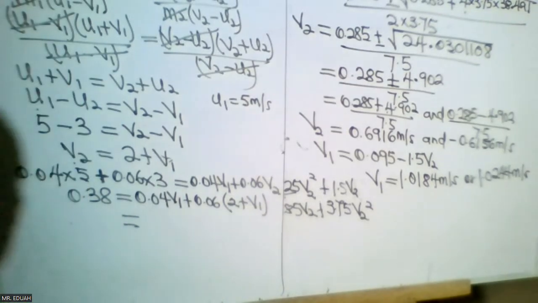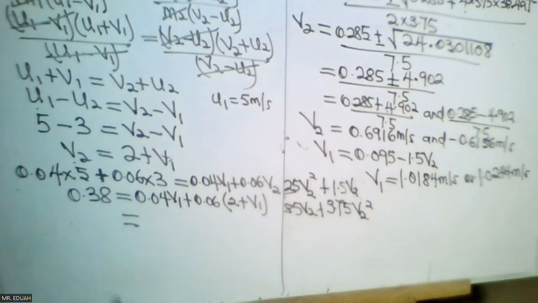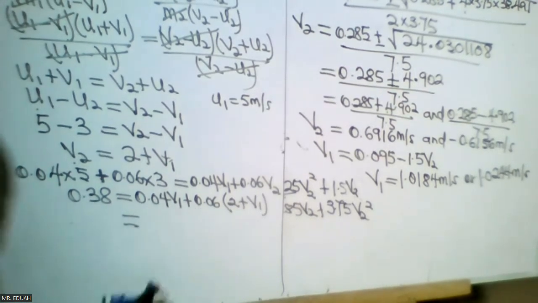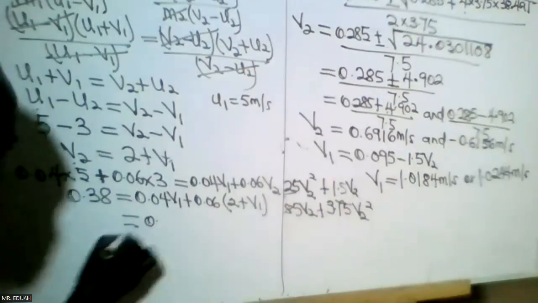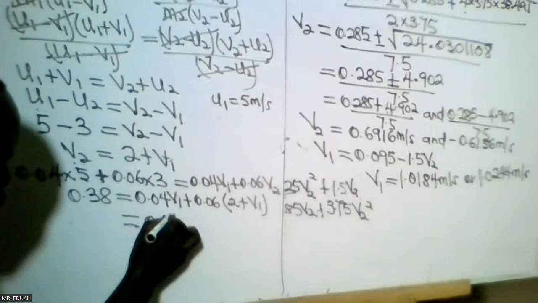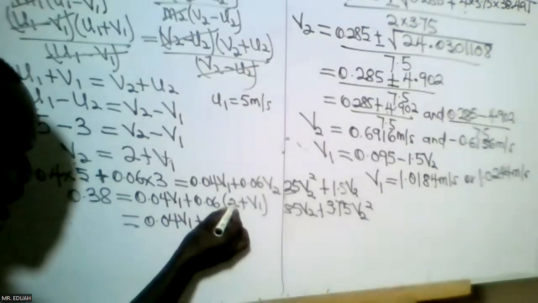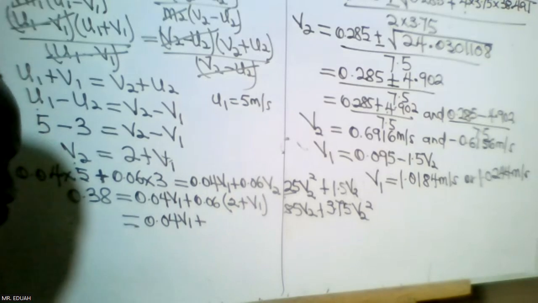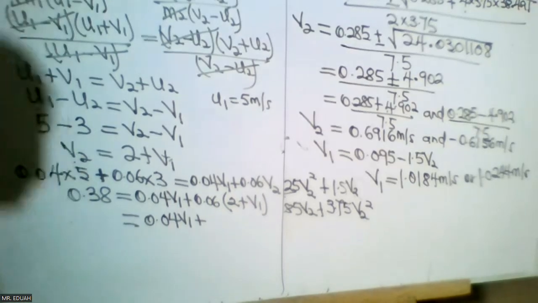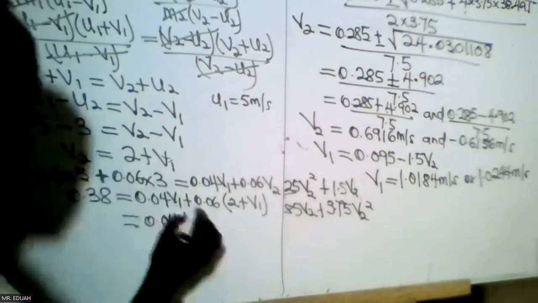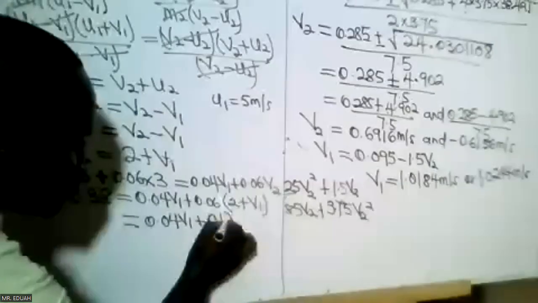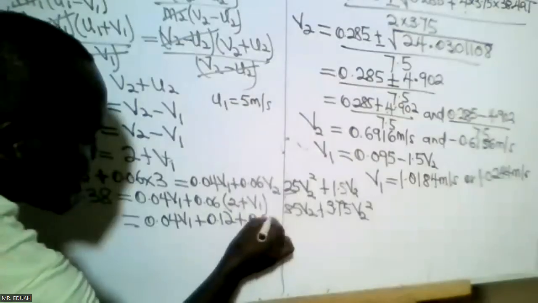So let's expand. 0.04 V1 plus 0.06 times 2, which is 0.12, plus 0.06 V1.